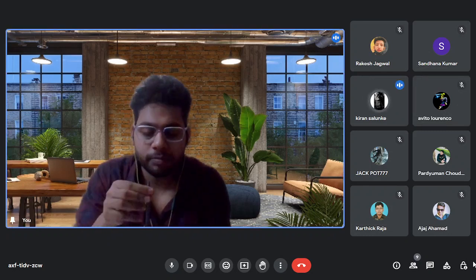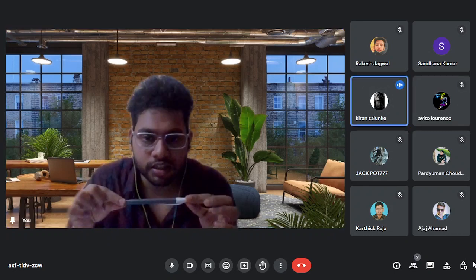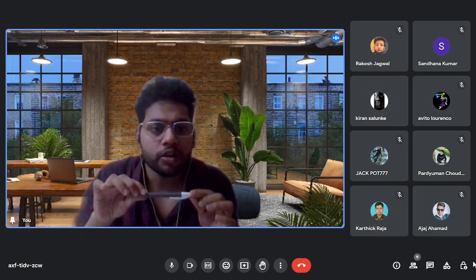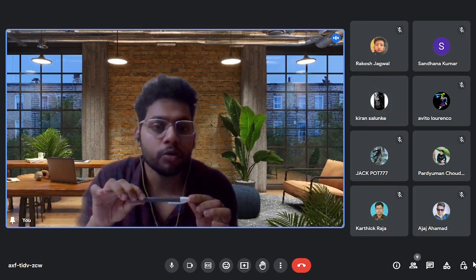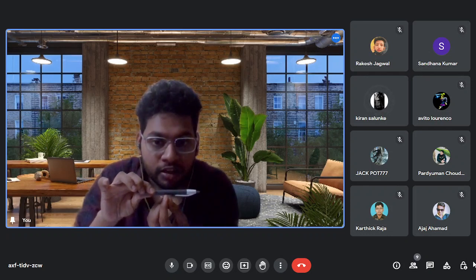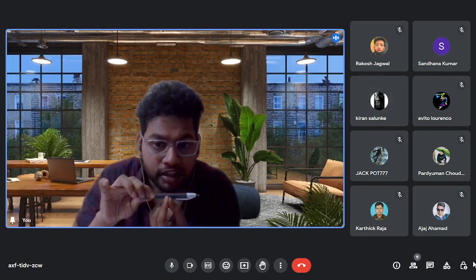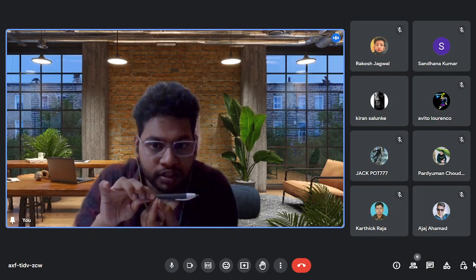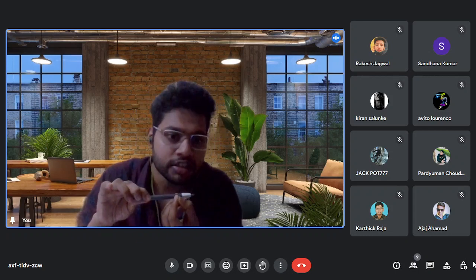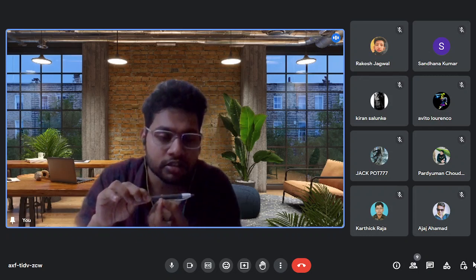What happens in AC: suppose this is a conductor, and if AC current is flowing, electrons are responsible for the flow of current. In AC the electron will oscillate from here to here. Suppose it is on the positive side, then it will come to the mean position, then it will oscillate to the other side.